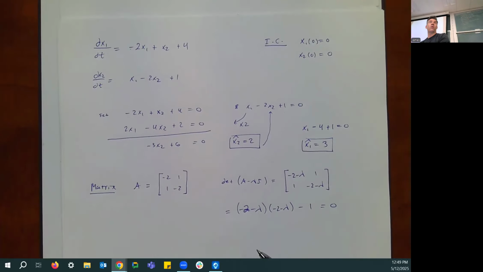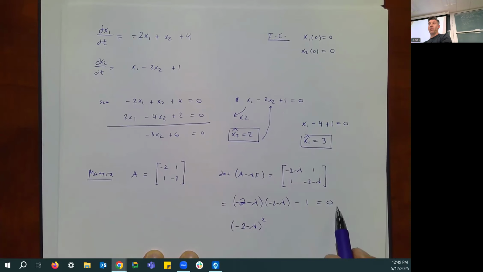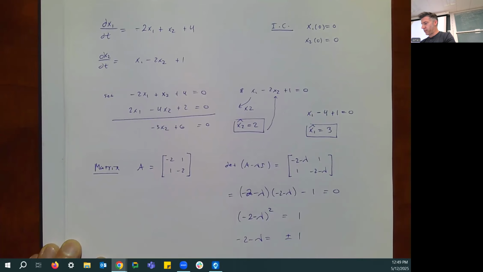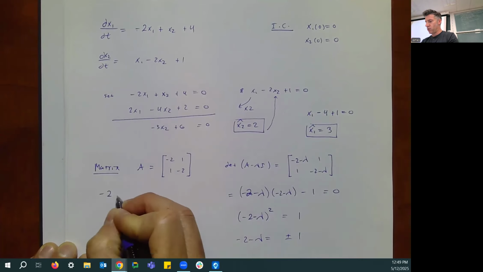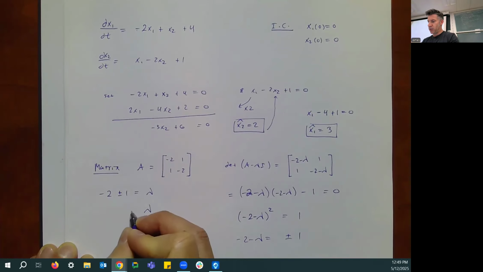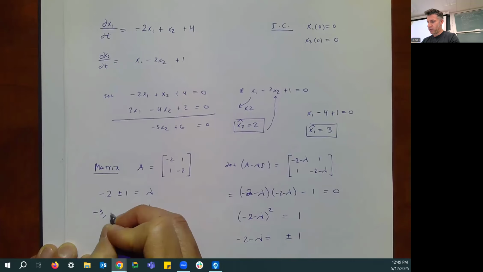So (-2 - lambda) squared minus 1, add 1 to the other side, equal to positive 1, square root both sides. So -2 - lambda equals plus or minus 1, and solving for lambda, we get -2 plus or minus 1 equal to lambda. So lambda is equal to -2 - 1 and -2 + 1.